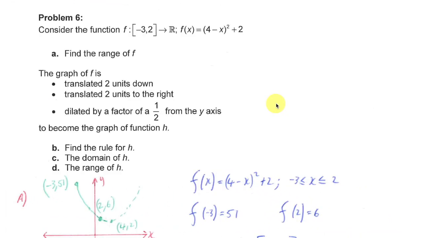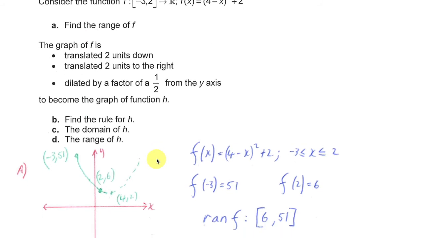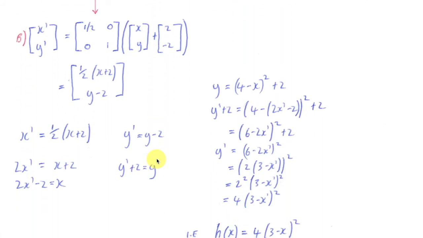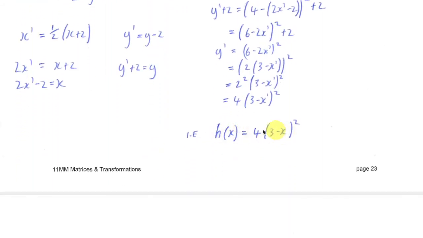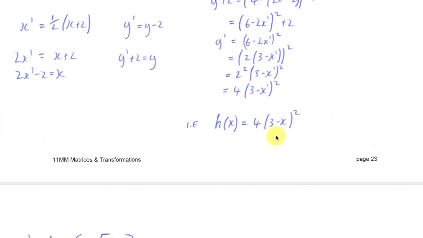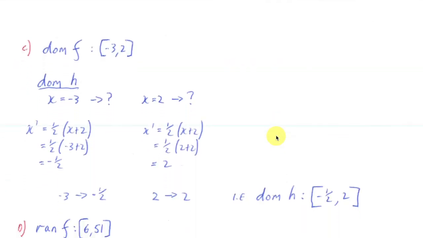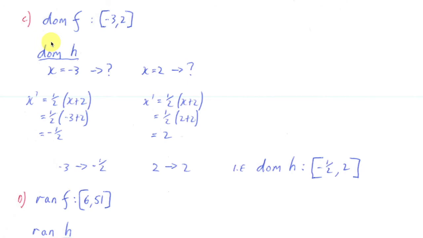Alrighty, so we've got this new function h. Finally, what we have to do is work out the domain and range for this new function h. There's our h function. Now, we're going to begin with the domain of f being negative 3 and 2.